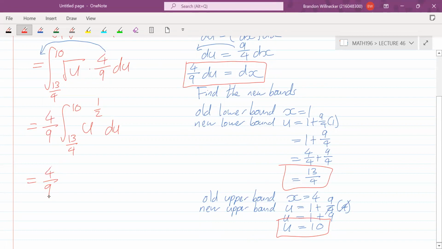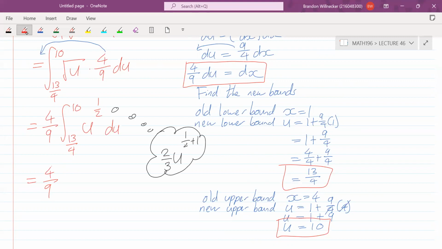Now, if we're integrating u to the 1/2, remember we need to add 1 to the exponent. So that becomes u to the 1/2 plus 1. Okay, so that gives us u to the 3/2. Then we need to divide by that, so we get 2/3 in the front. Okay, so that's going to be times 2/3 u to the 3/2 from 13/4 up to 10.